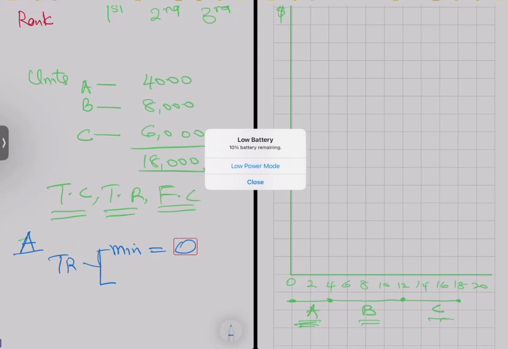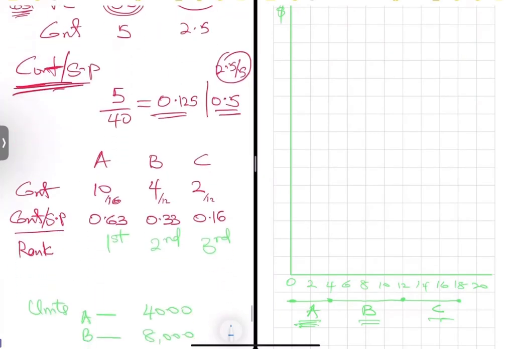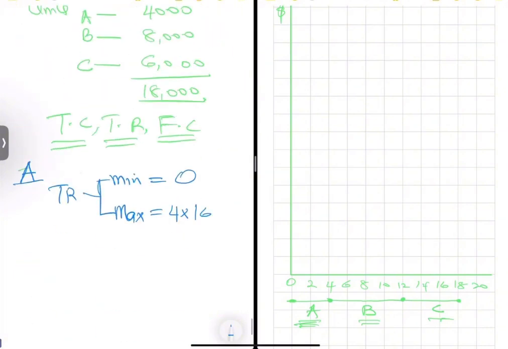So that will be the minimum, because we have not made anything. Then the maximum at that point will be what? That's the point when we have sold the 4,000 units of A. And that means 4,000 units times the price of A, which is 16. So the maximum revenue from A will be 64,000.